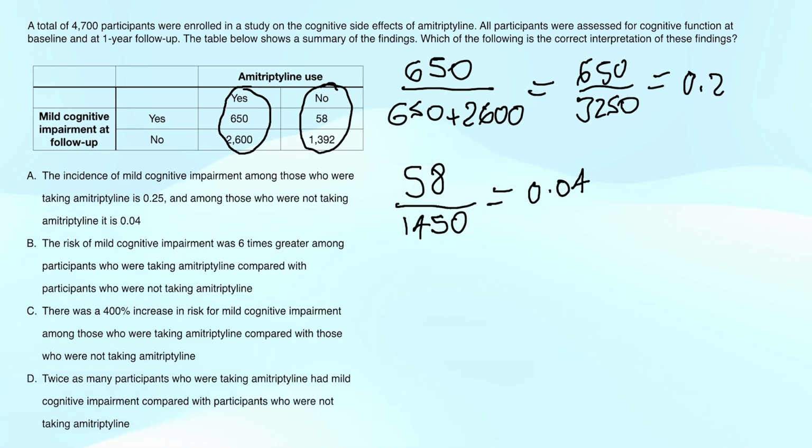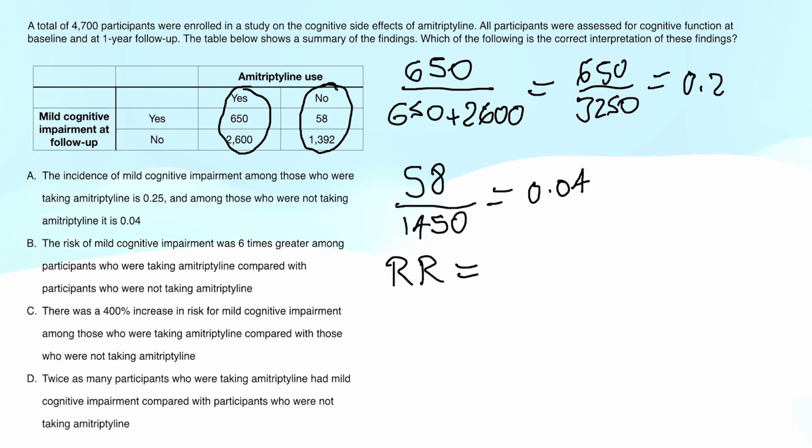Previously, we said that the incidence in the amitriptyline group was 20% or 0.2. So now we have to divide 0.2 by 0.04 because the relative risk equals the probability of the outcome in the exposed group divided by the probability of the outcome in the unexposed group, or the incidence in the unexposed group. So let's write this down.